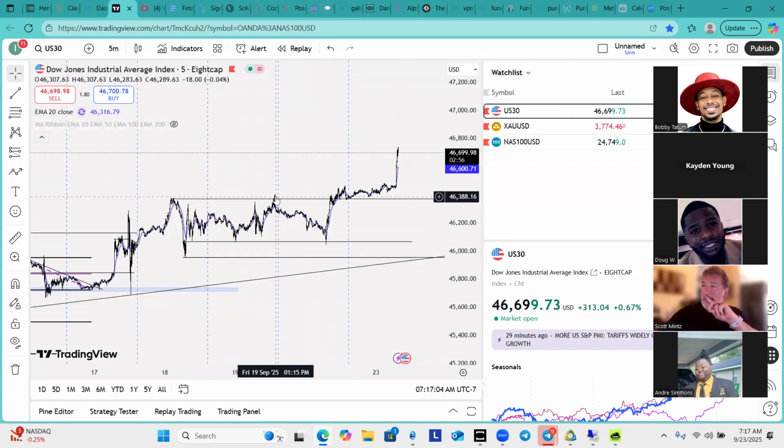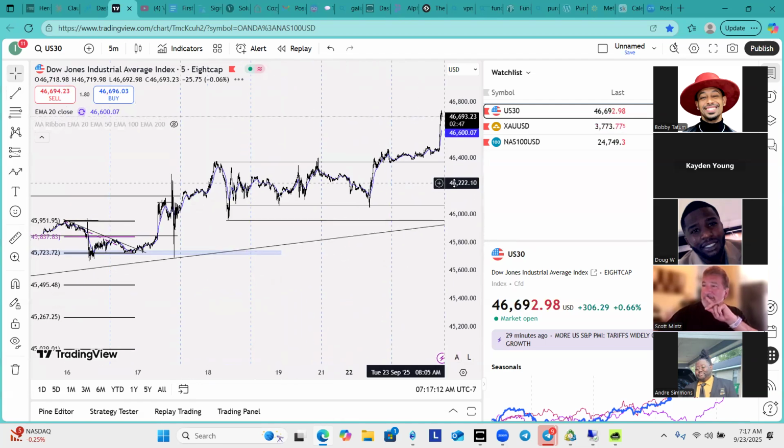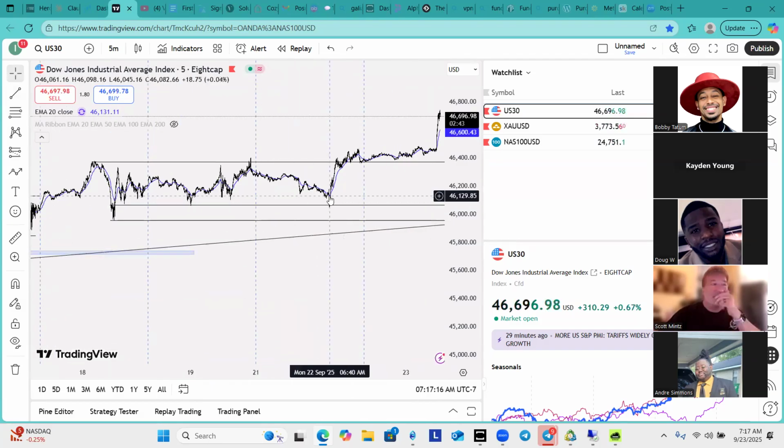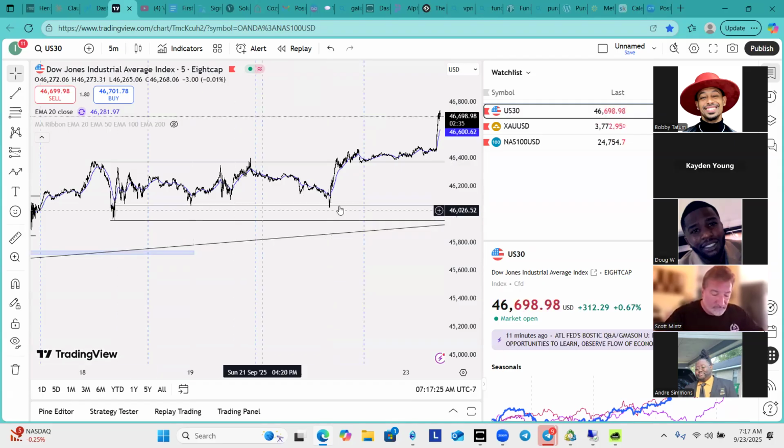This is a perfect dump and pump setup on the day. Price traded lower. And then look at what happened right at the timing window. You can see right at 6:30, it traded a little higher and then it dumped down, taking out these lows.